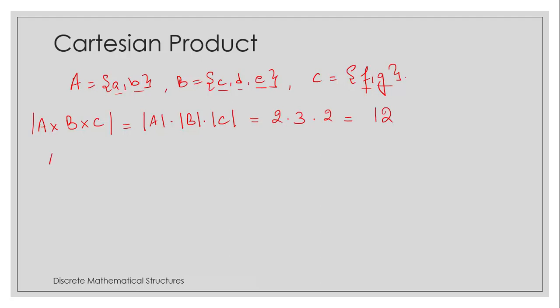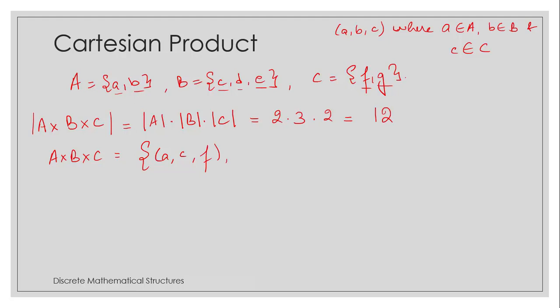Now let's check this. Now A cross B cross C will be equal to a set containing elements (a, b, c), where a will belong to set A, b will belong to set B and c will belong to set C. So here the ordered pair will be (a, c, f), first element from first set, second element from second set and third element from third set according to this order.